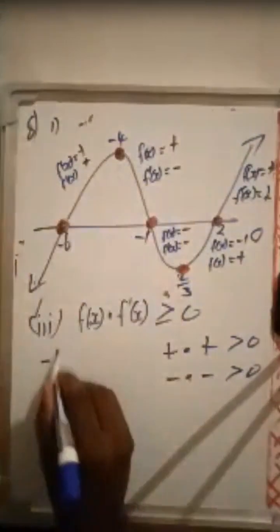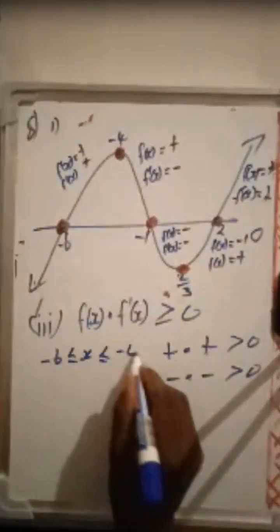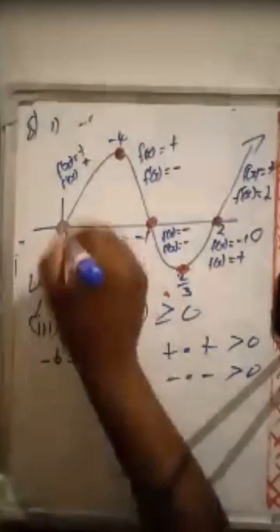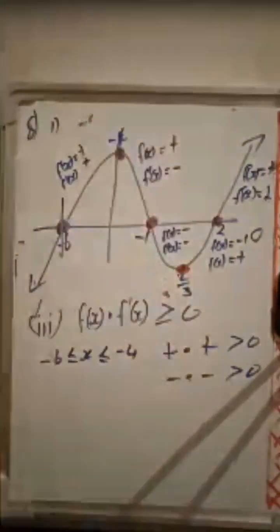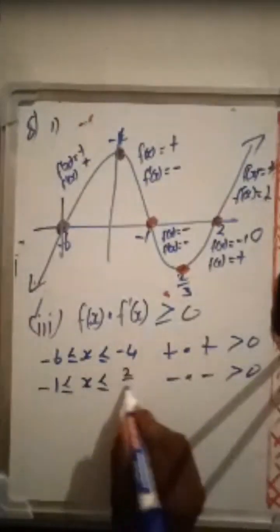So that part is going to be -6, less or equals to x, less or equals to -4. Because it's between these two. That part again is going to be -1, less or equals to x, less or equals to 2 over 3. Because it's between two regions, which is that one and that one.